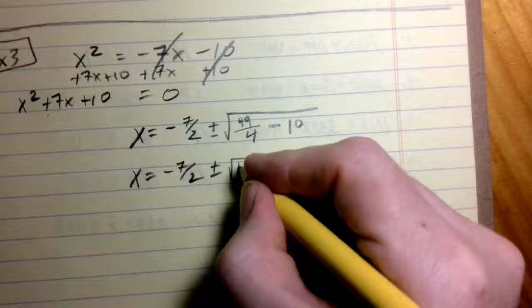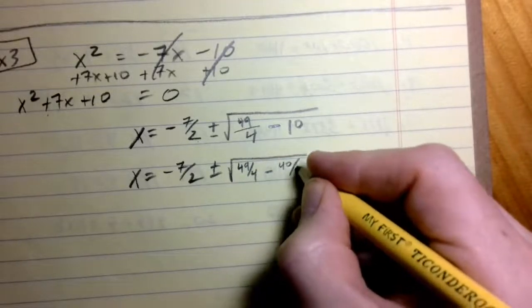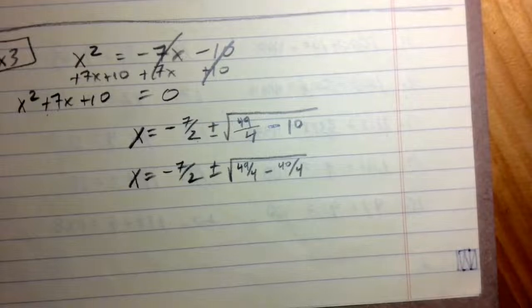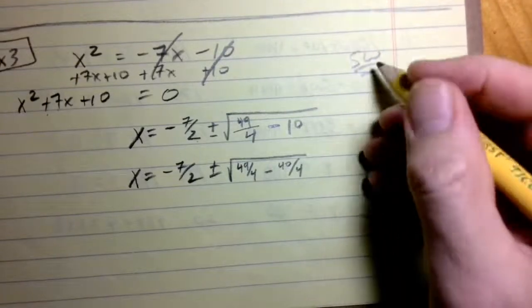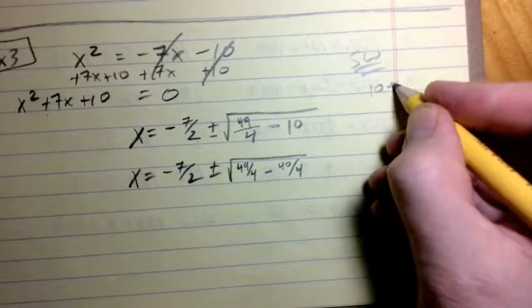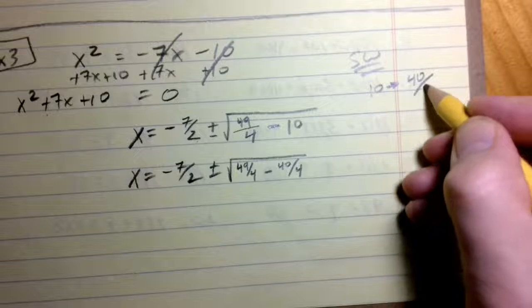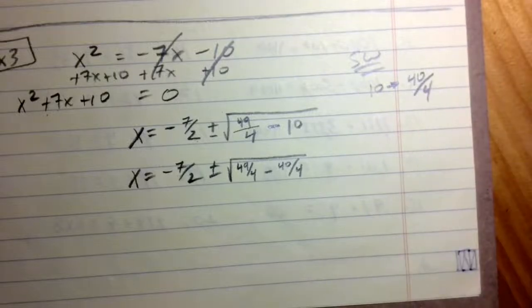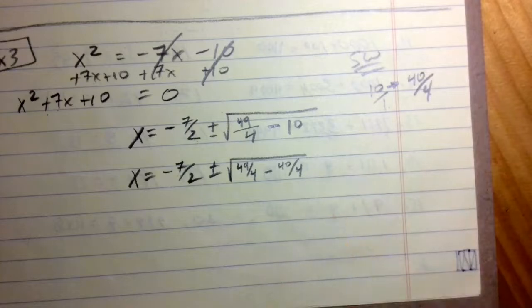Don't stress about it. 49 fourths minus 40 fourths. So 10, if you just did a little side work, I can rewrite as 40 divided by 4. I multiply numerator and denominator by 4. That gives me common denominators.